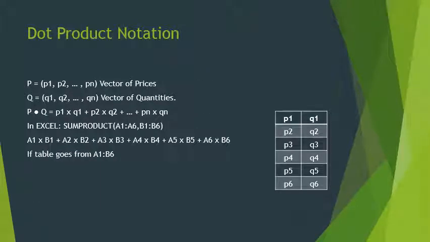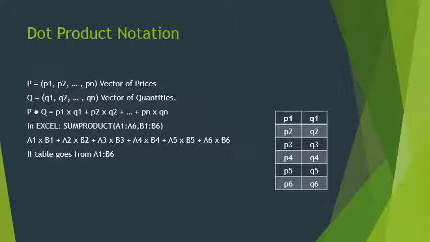It is useful to introduce dot product notation. If P is a vector of prices, P1, P2 up to Pn, and Q is a vector of quantities, then we just multiply the prices by the quantities and add everything up. This is called the dot product. In Excel, if you have two columns, one column has the prices and the other column has the quantities, there is actually a formula called SUMPRODUCT.